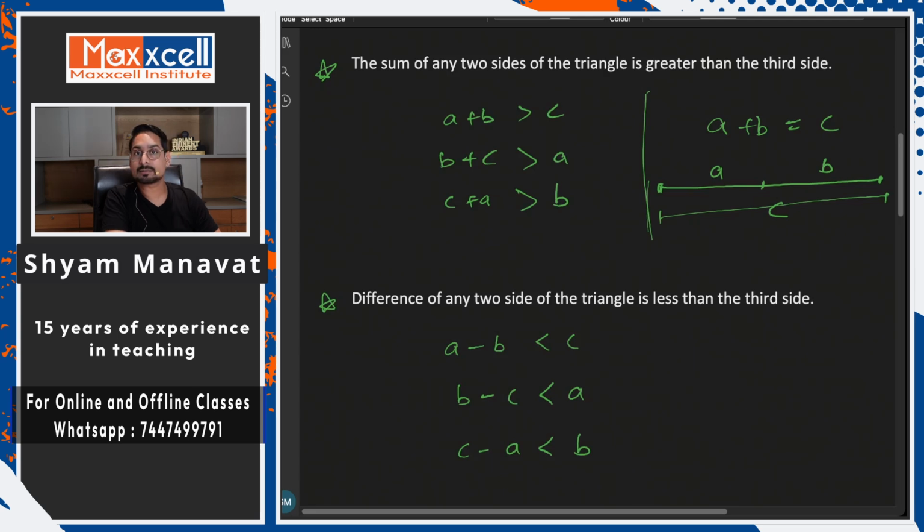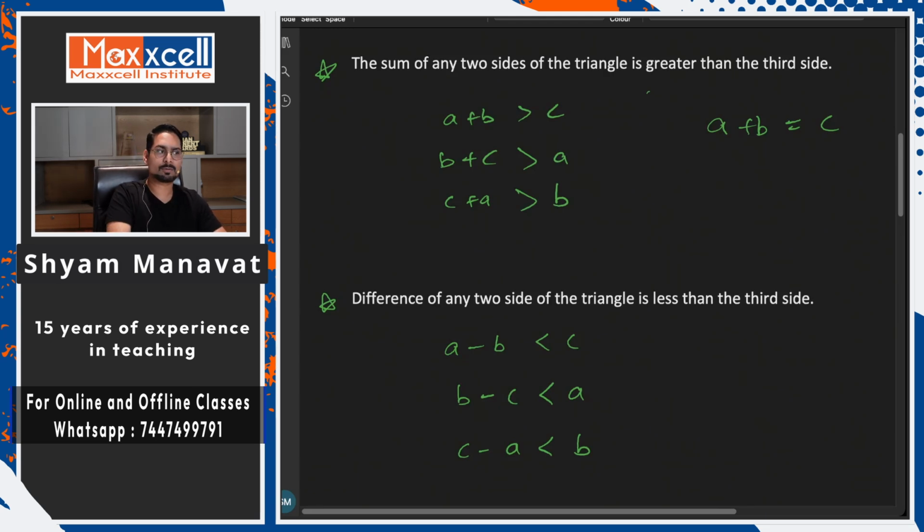So in that case, it will not be a triangle. A triangle is supposed to have some area. And for area, the height has to be a little above the base. It can't be straight. In fact, we will learn in coordinate geometry that if the area formed by three vertices is equal to 0, then they are not forming a triangle.